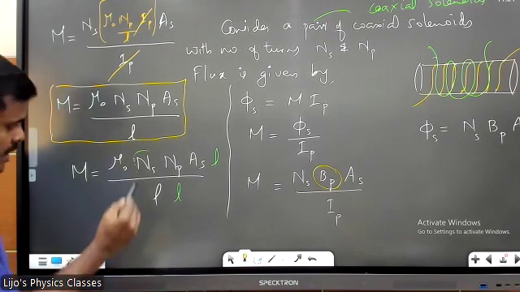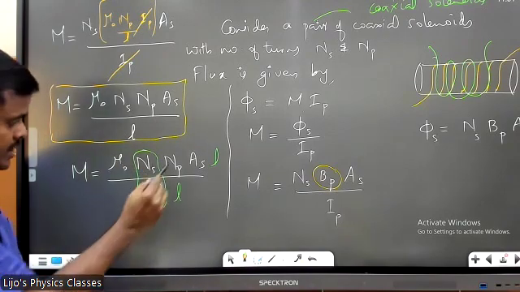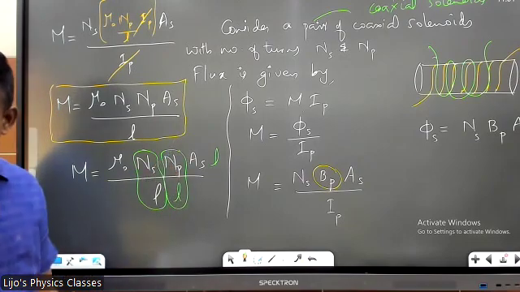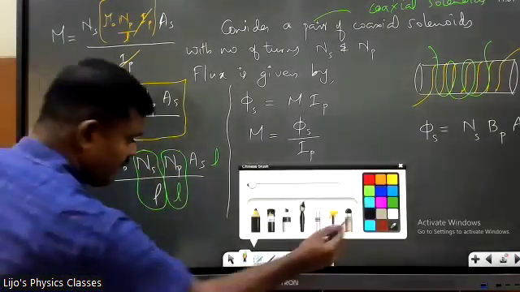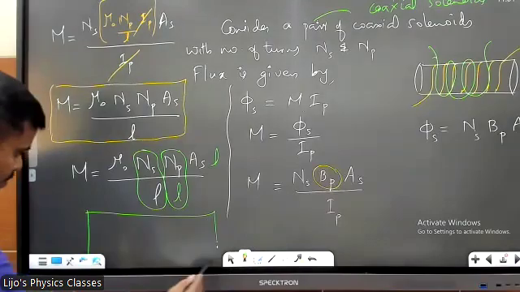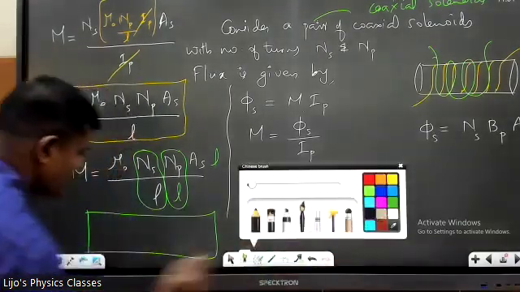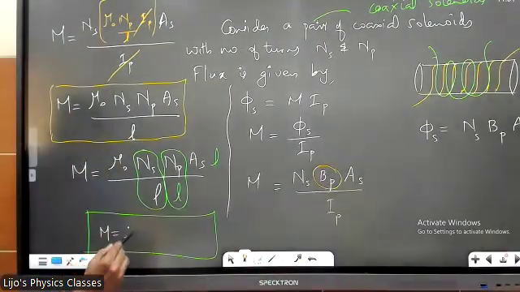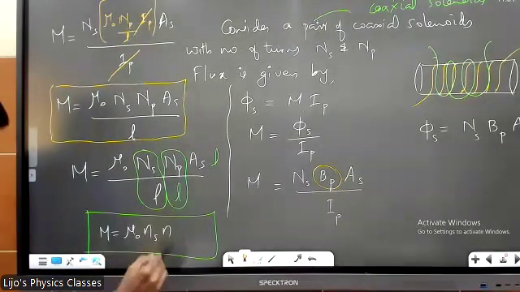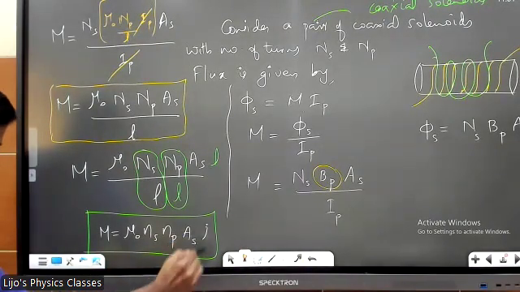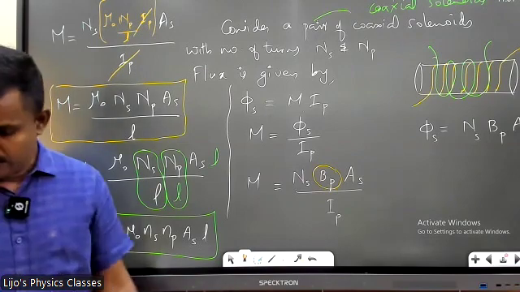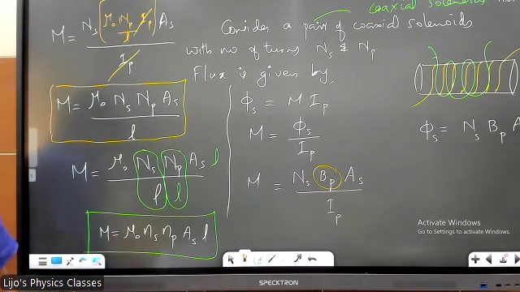You take those two here: that's small NS, this will be small NP. Finally, we have M is equal to mu 0 NS NP AS into L.